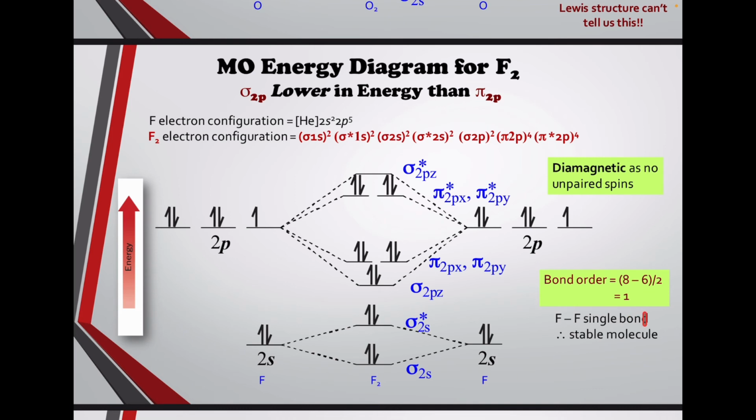F2 has a single bond, and for the magnetism it is diamagnetic as there are no unpaired spins or unpaired electrons. F2 electron configuration: sigma 1s2, sigma antibonding 1s2, sigma 2s2, sigma antibonding 2s2, sigma 2p2, pi 2p4, and pi antibonding 2p4 because of the 4 electrons here.